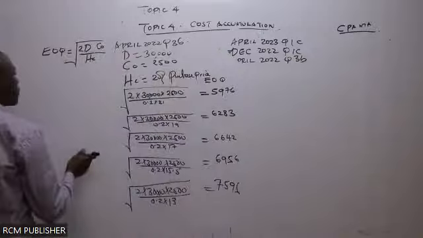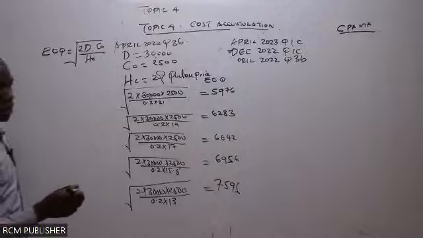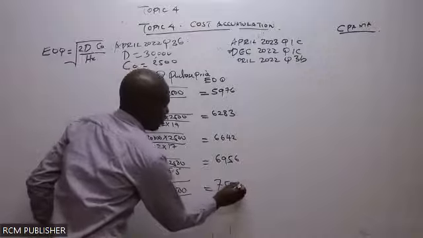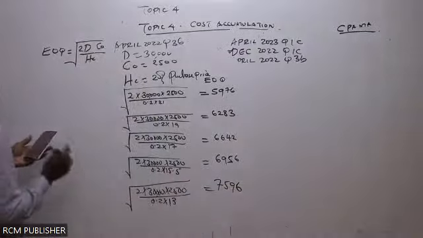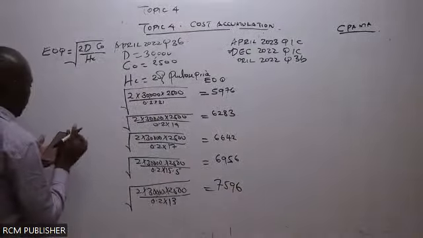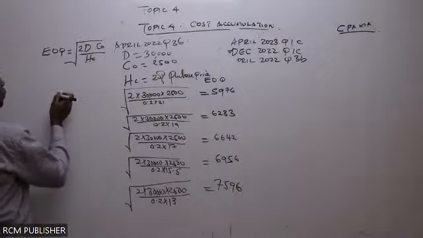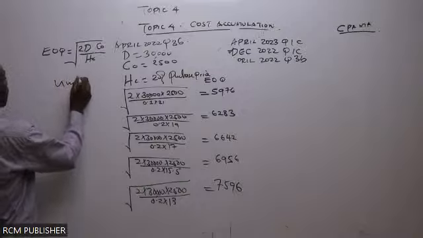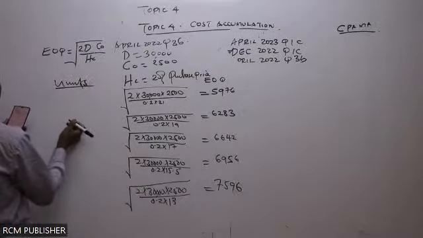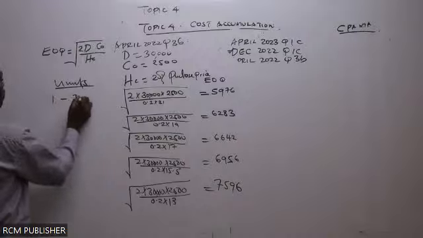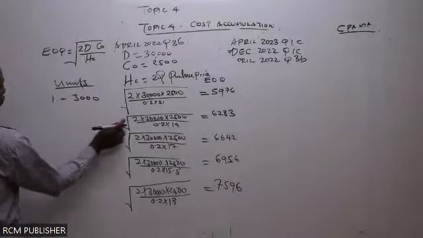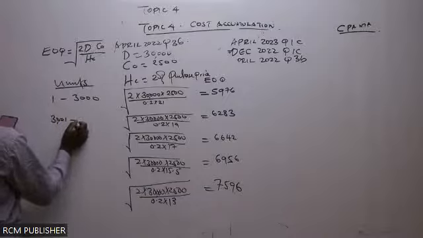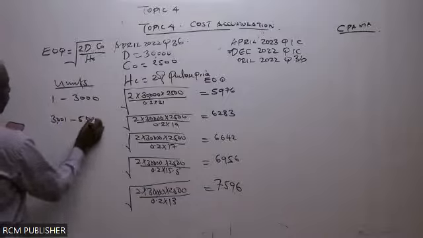So remember, we add a range. Let me just insert that range here, or units. So we have units here. That is 1 to 3,000. Then this one here will be 3,001 to 5,000.